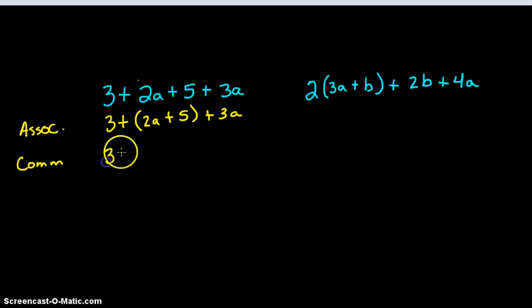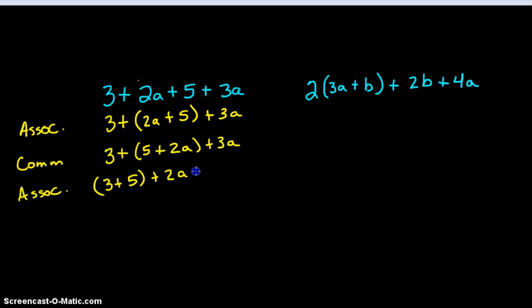So by rule, we can switch these numbers. And then now we can add, I think this becomes the associative again. I'm going to go back to 3 plus 5 plus 2a plus 3a. Now we have our problem. Our answer: 3 plus 5 is 8, plus 2a plus 3a is 5a. So that's how we can use our properties.